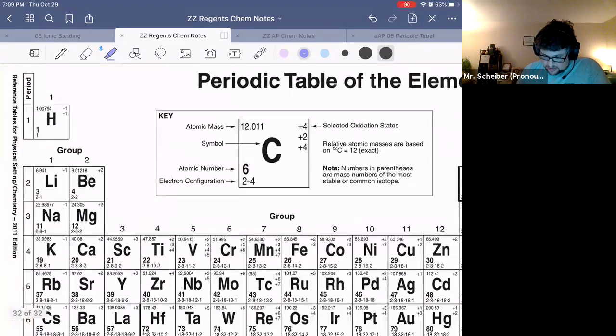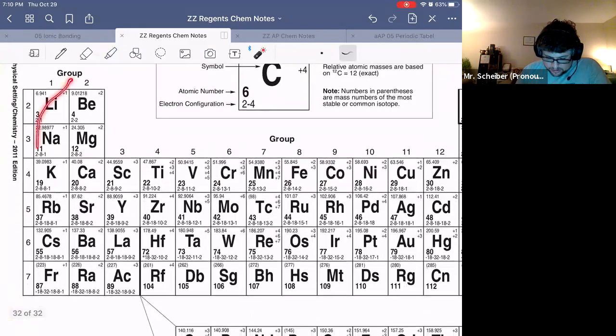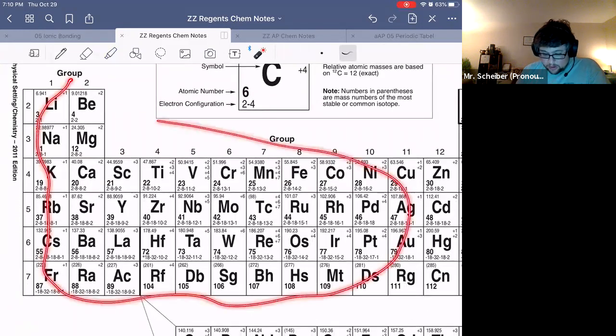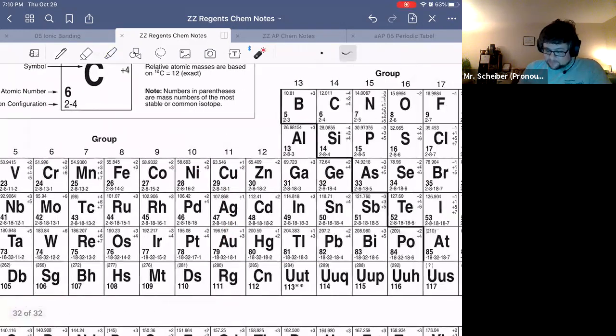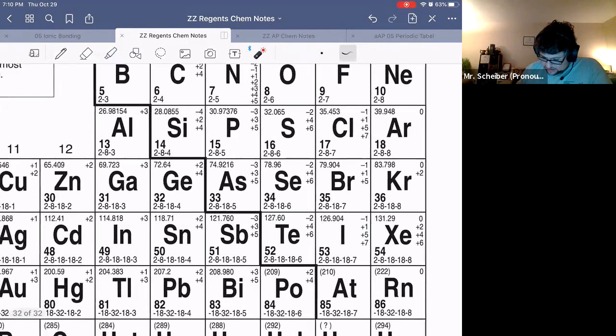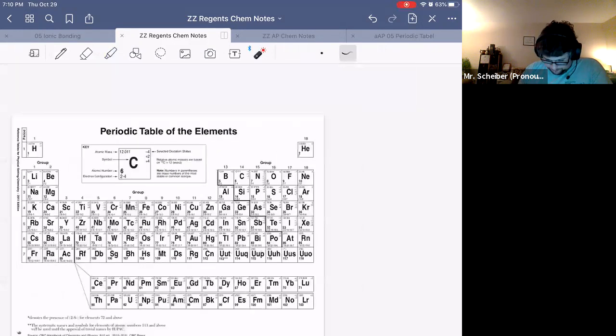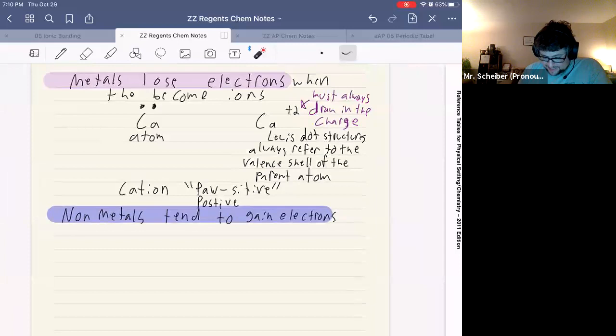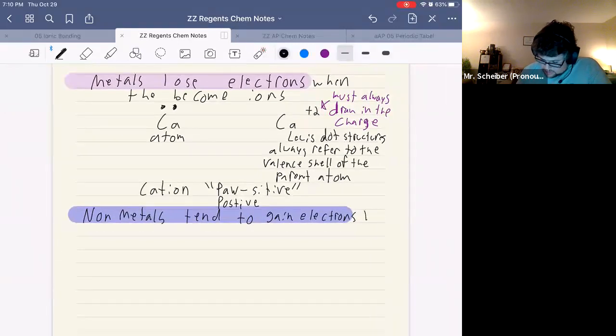Because we can see here that no matter what metal you look at, they're always going to form positives. Nonmetals, only sometimes, only occasionally, right? Iodine has a whole bunch of them, and apparently most of them are positives. So nonmetals tend to gain electrons when becoming ions.